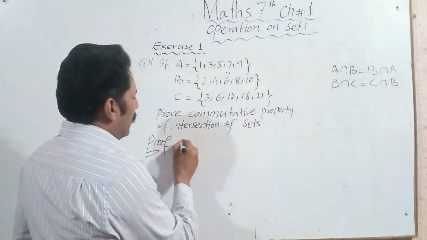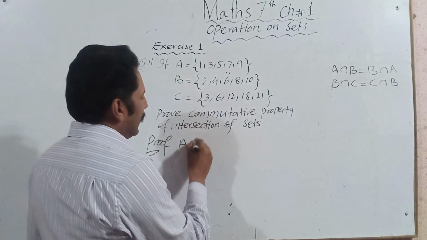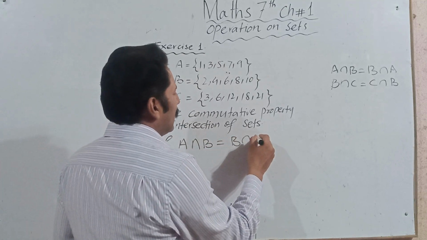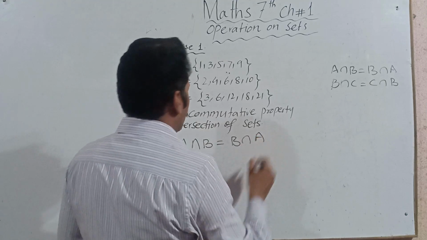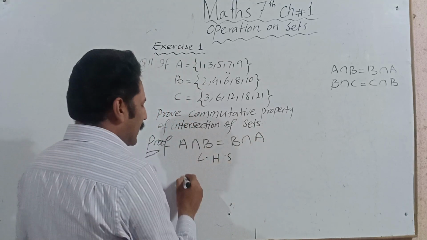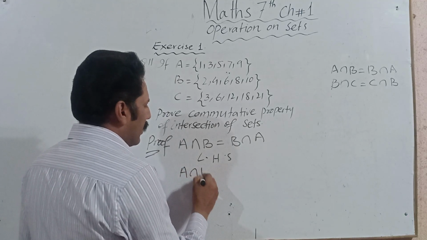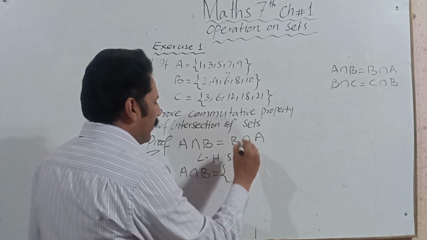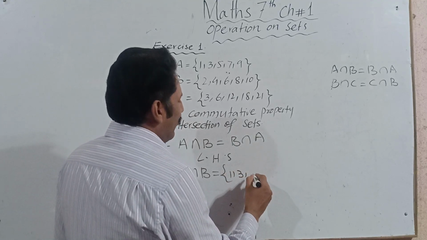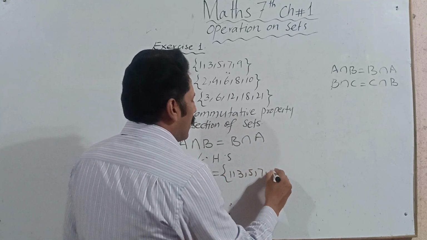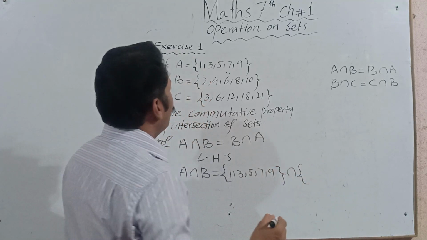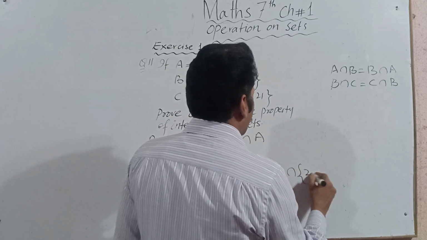First of all, we will write A intersection B equal to B intersection A. Left hand side, A intersection B. We will write the elements of set A: 1, 3, 5, 7, 9, and then intersection sign, and elements of set B: 2, 4, 6, 8, 10.